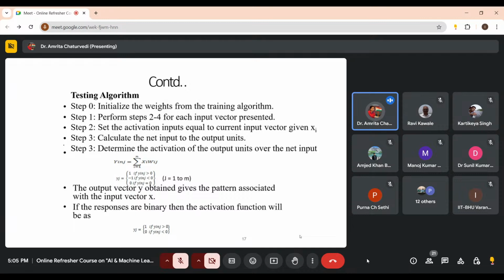The output vector y obtained gives the pattern associated with the input vector s. Now, if the responses are binary, then the activation function is like this: yj is 1 if yinj is greater than 0, and 0 if yinj is less than 0.